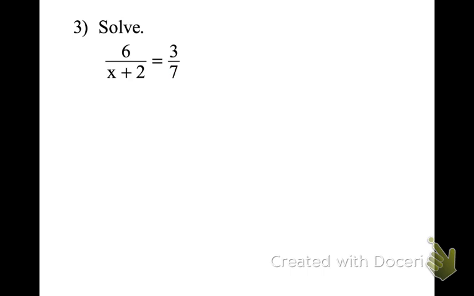All right, so now this looks very different, but it's very similar to something like this. What's that called? It's a proportion. So the same way we do proportions, we can solve this.